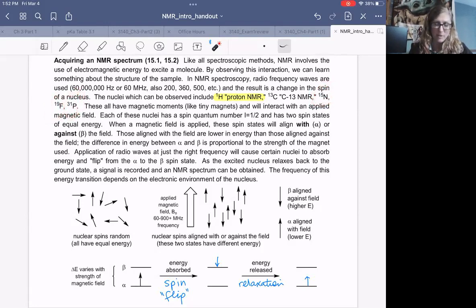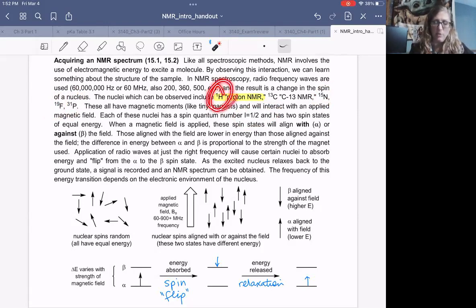What's special about these is they are the ones that have a spin quantum number of 1/2, which means they act like a tiny magnet, and when you apply the external magnetic field, they do that alignment. So not all nuclei do this, just certain ones.